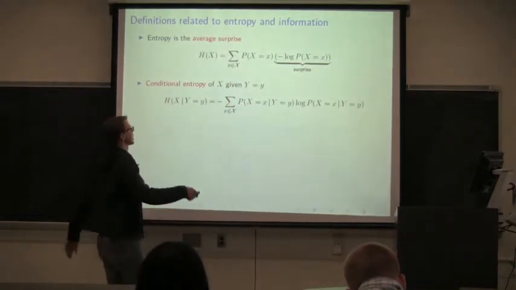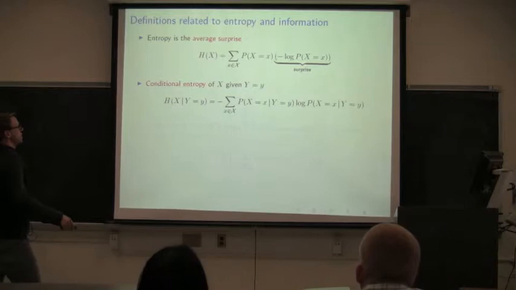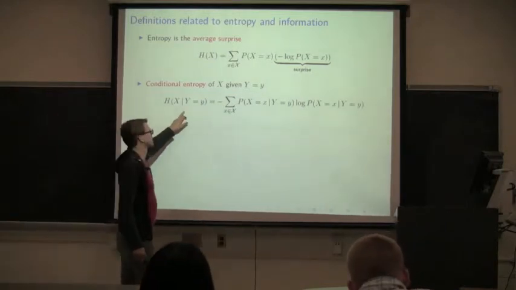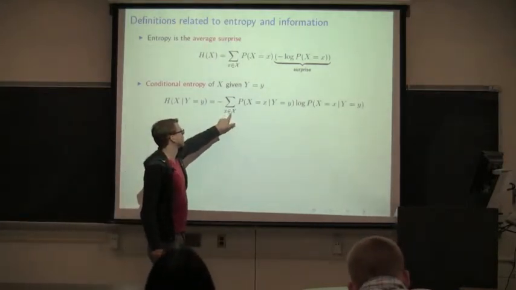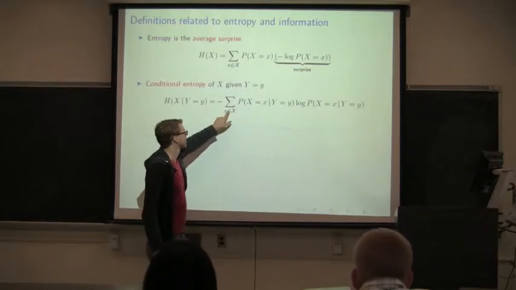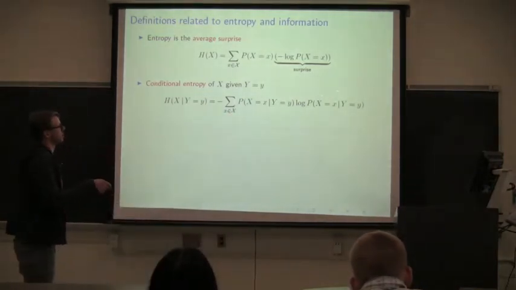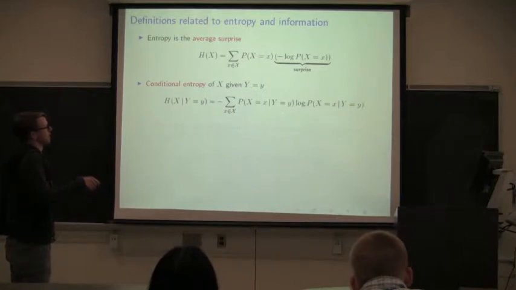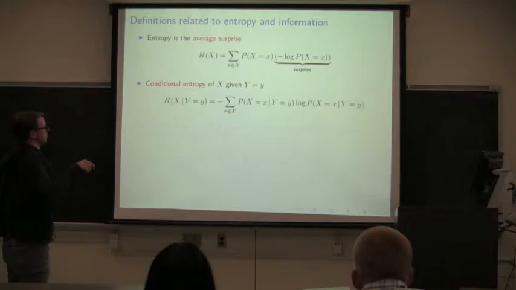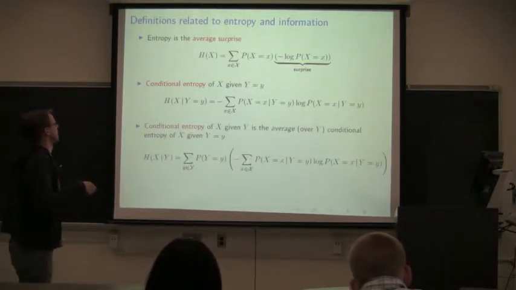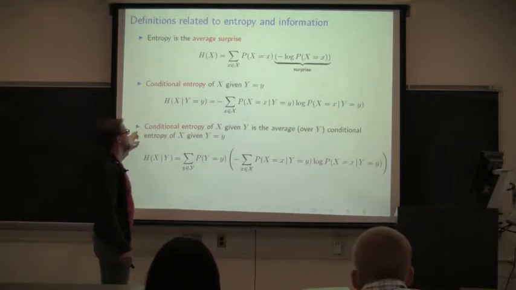Here we look at a single value. So it's basically the average surprise of observing x when we know that y has the value y. So it's only a single value of y, but we sum over x. Now, this is what we saw last time.